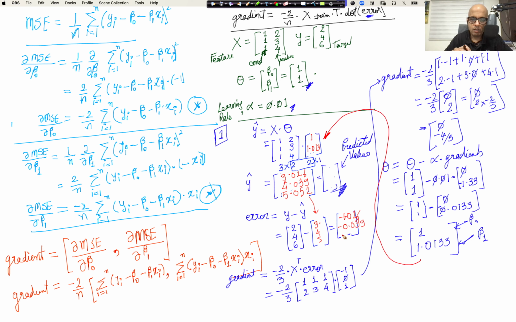And then the next value is 6 minus 5.052, that gets us 0.948, so this is the only positive value. So this is what we have in terms of error.